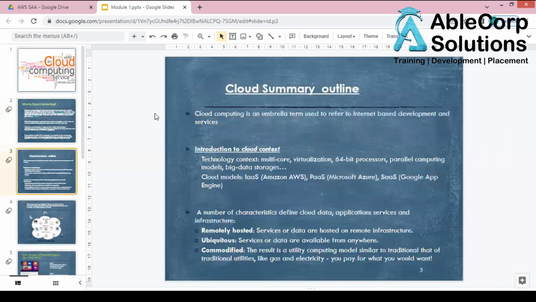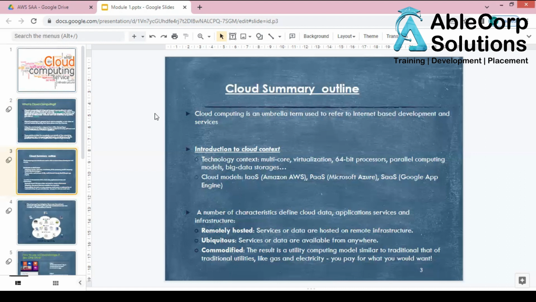Okay, now when you see cloud computing, whether you're sitting in Delhi, or in the US, or in Australia, the same work that you are doing, you would be able to do. It's not that the work will change. Any work, 24 by 7, across all the locations that you have, you would be able to work on the same project.